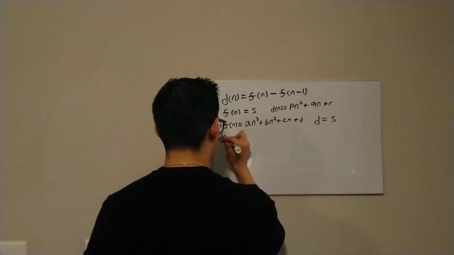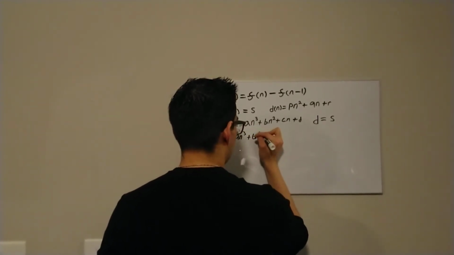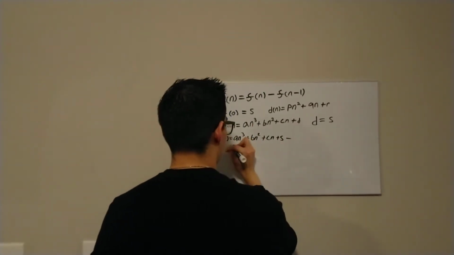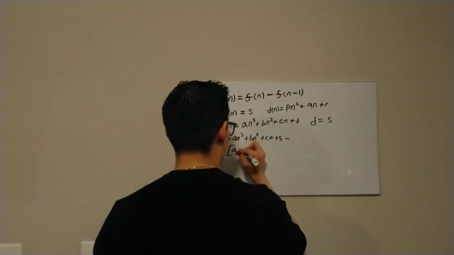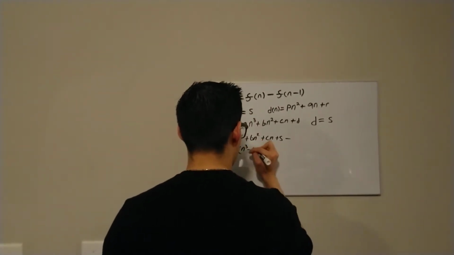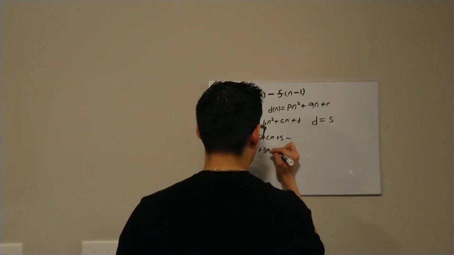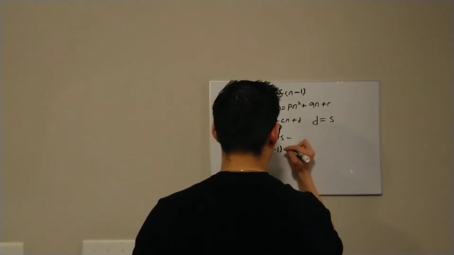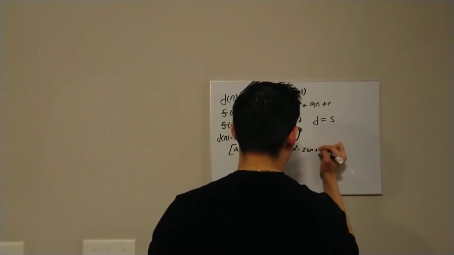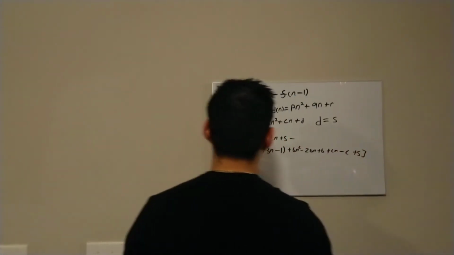So d of n will then equal an cubed plus bn squared plus cn plus s, and then subtract a of n cubed minus 3n squared plus 3n minus 1 plus bn squared minus 2bn plus b plus cn minus c plus s.